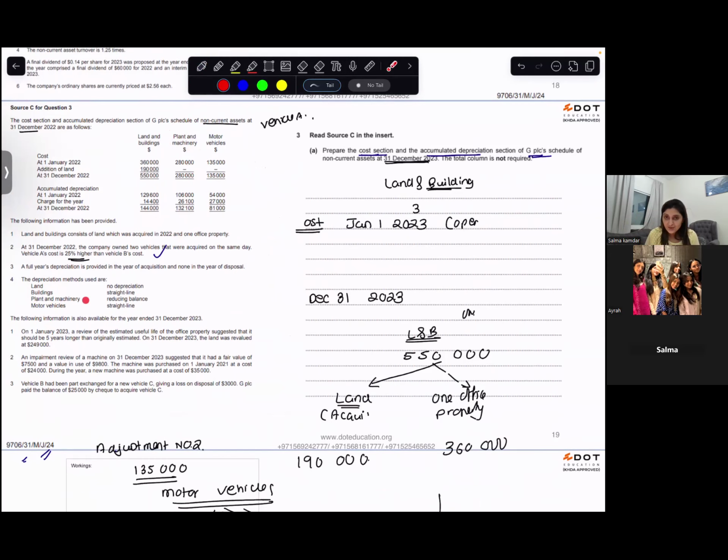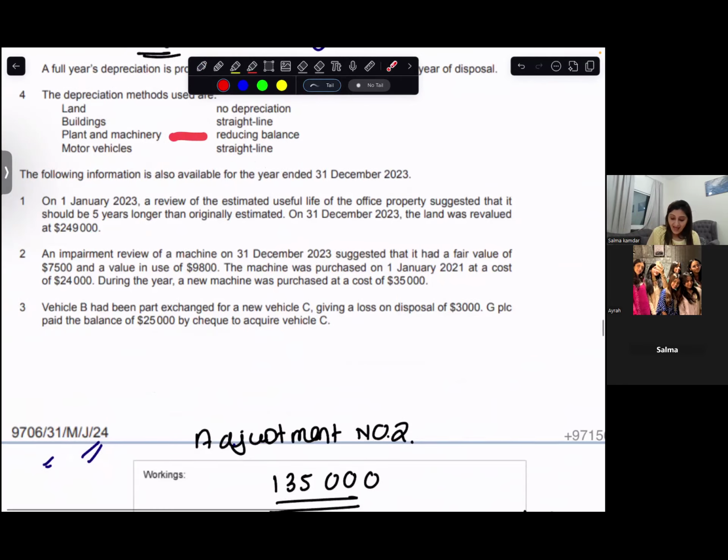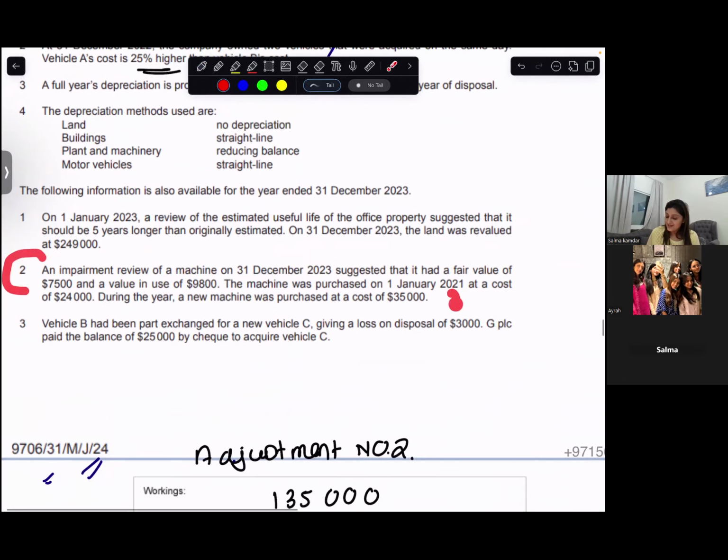Plant and machinery is charged depreciation on the reducing balance method, and there is an adjustment that says there is something related to impairment.